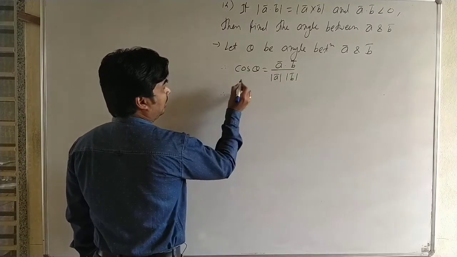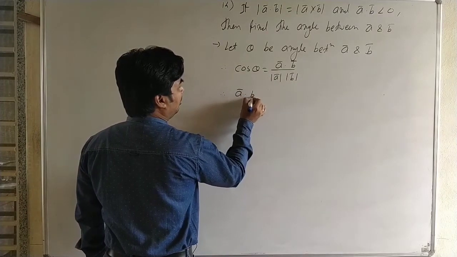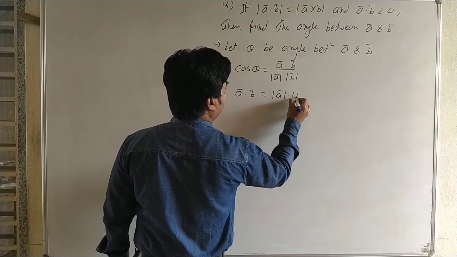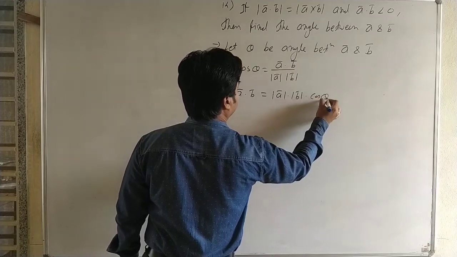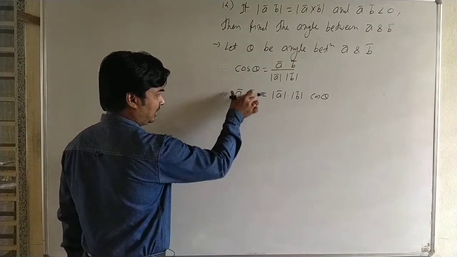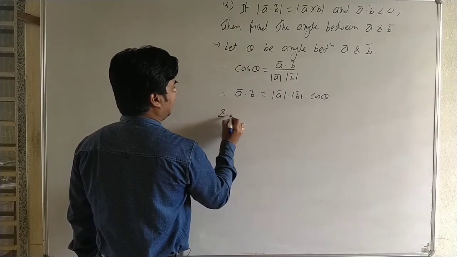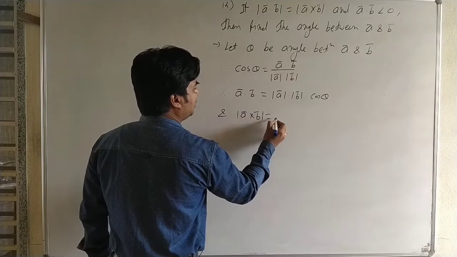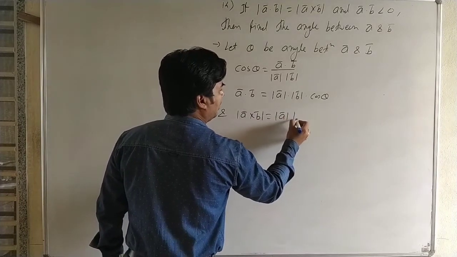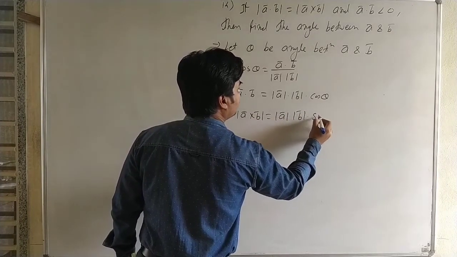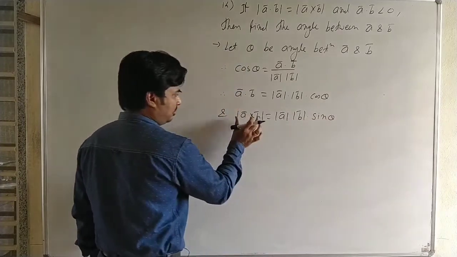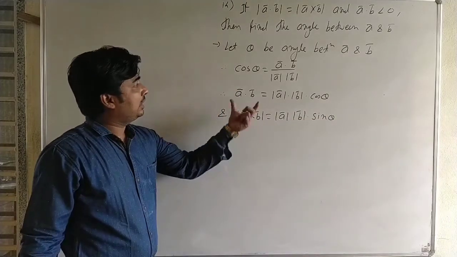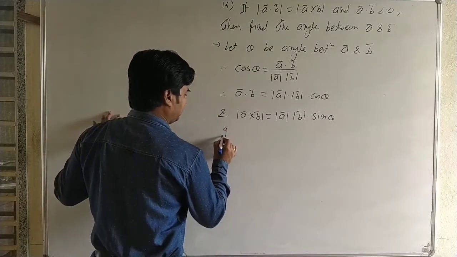Therefore a bar dot b bar is equal to magnitude of a bar into magnitude of b bar into cos theta. It is the definition of dot product. And magnitude of a bar cross b bar is equal to magnitude of a bar magnitude of b bar into sin theta, the definition of cross product, into n cap, but here we take the magnitude.